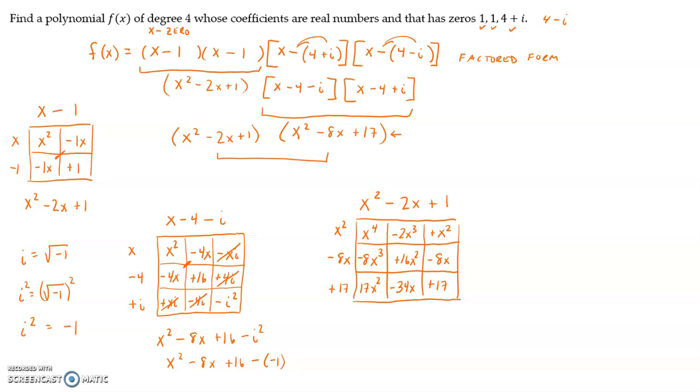Right, you'll notice that your like terms are here on these diagonals, so we can go ahead and combine our like terms. So as a final answer here, we've got x to the 4th, we've got a -10x cubed.